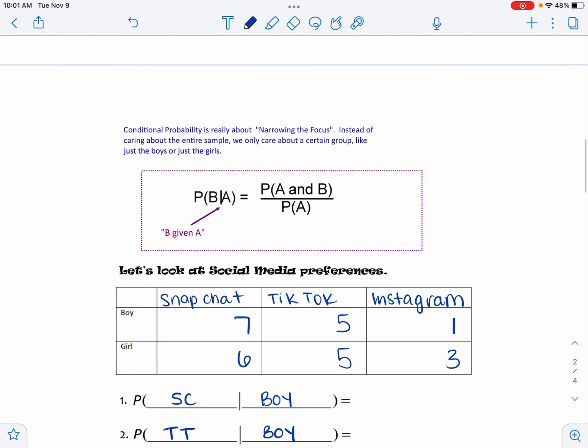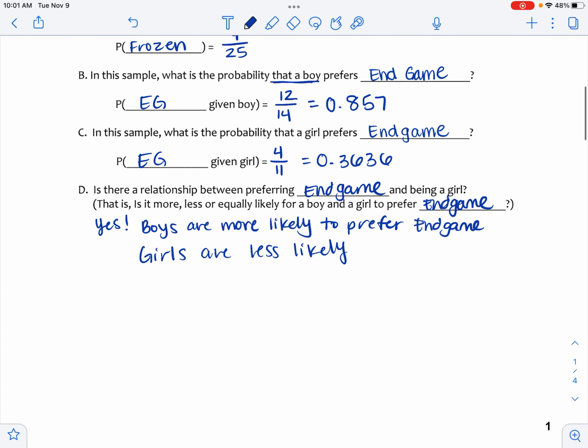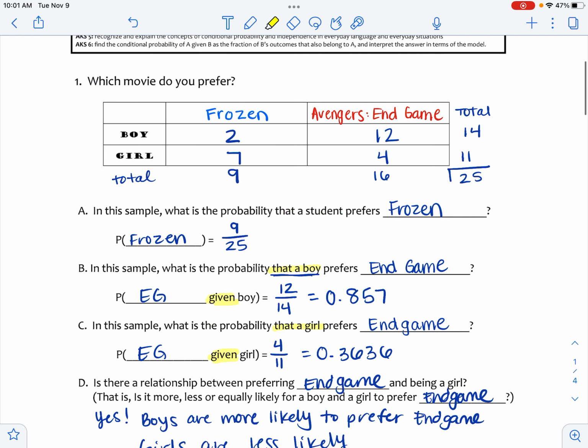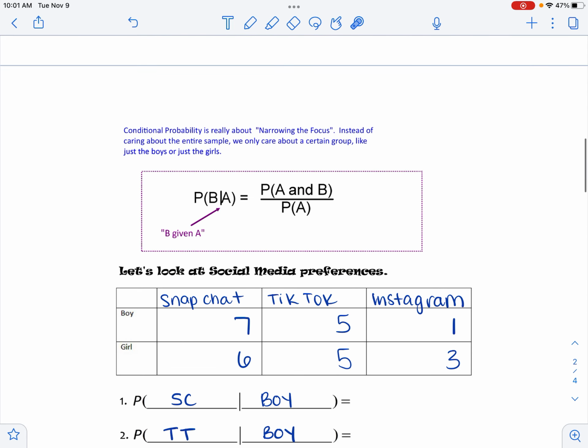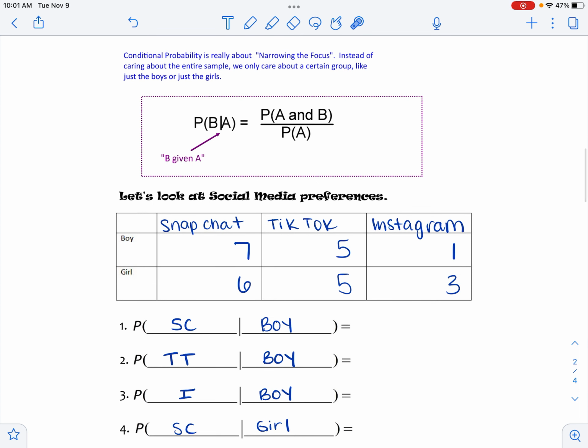Now, those last two probabilities we found in part B and part C, if you notice, they have this word given. So that given was when we just looked at what is the probability that a boy or the probability that a girl. And I said, we're just going to focus on boys, and then we just focused on the girls. And that actually is what our main lesson is about. That is called conditional probability. So conditional probability is where we have a condition.